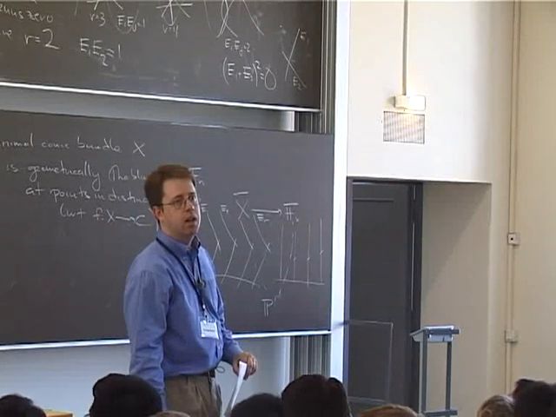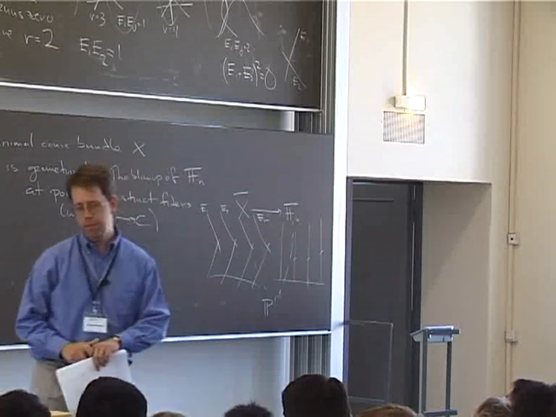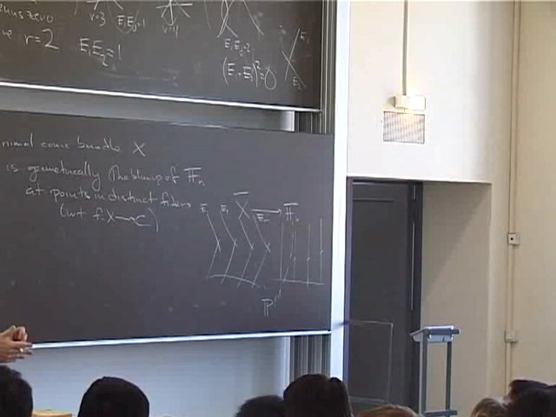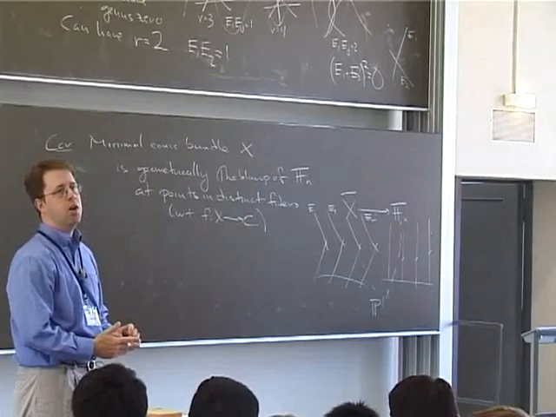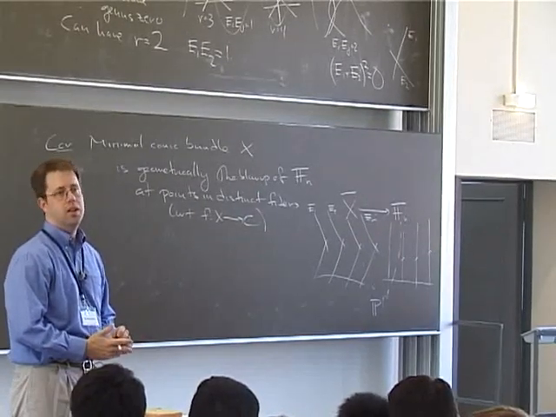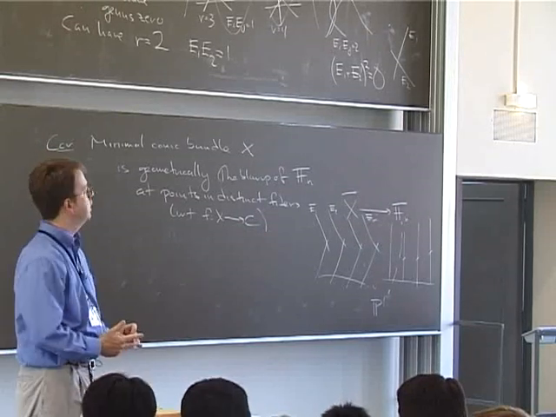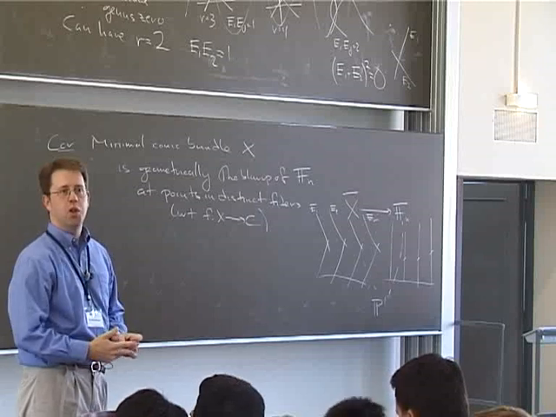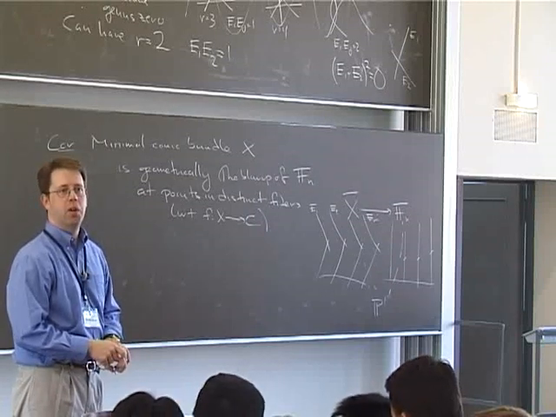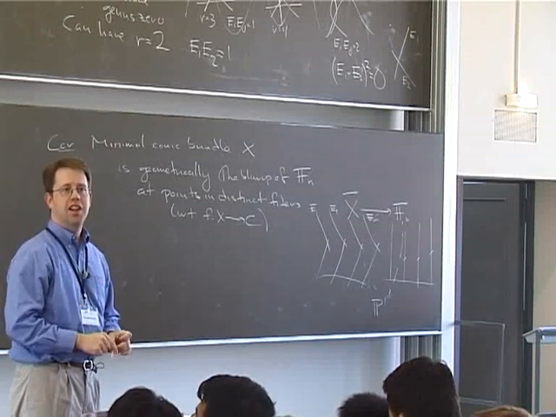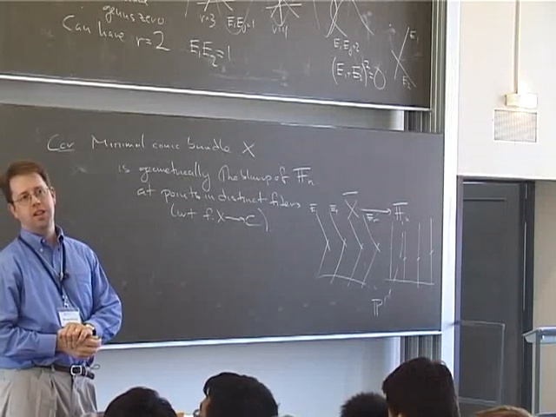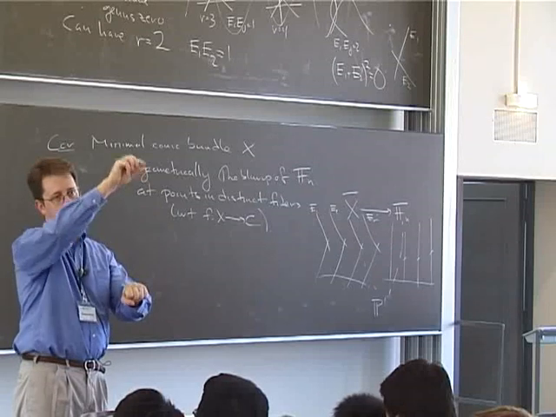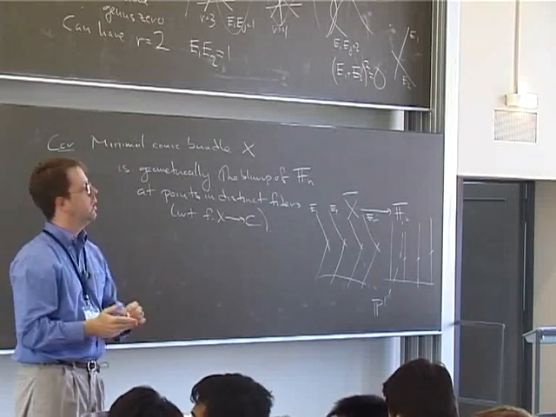So you're saying, why does it contain any vertical minus 1 curves?